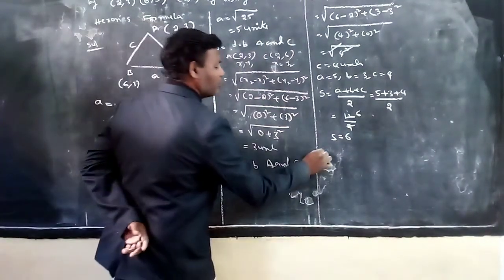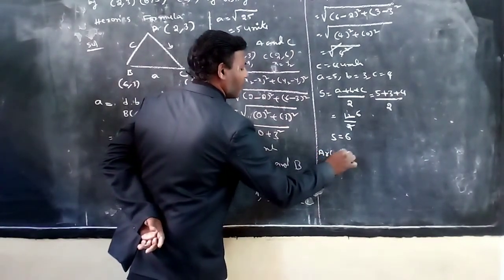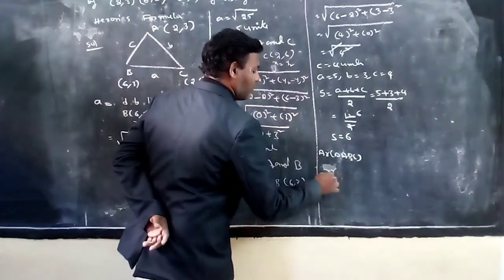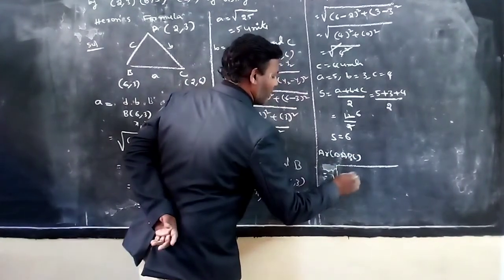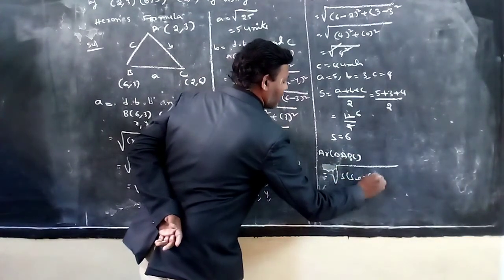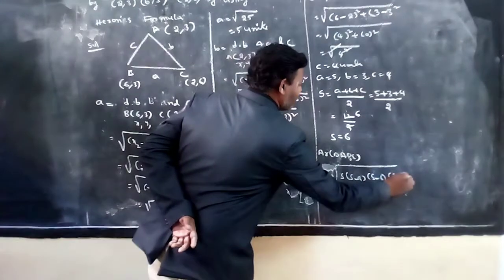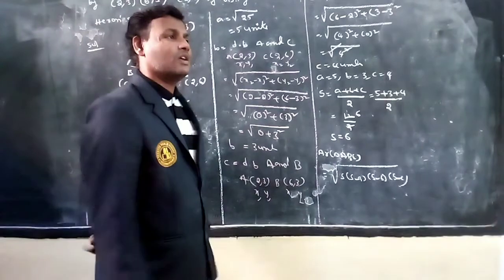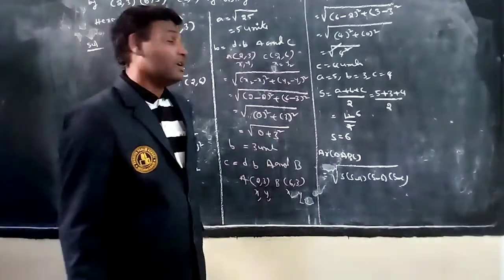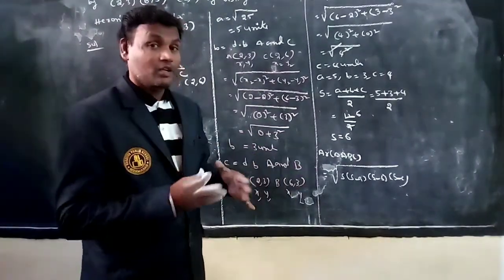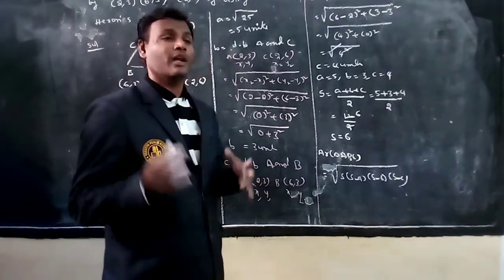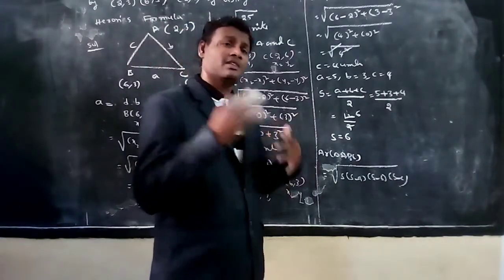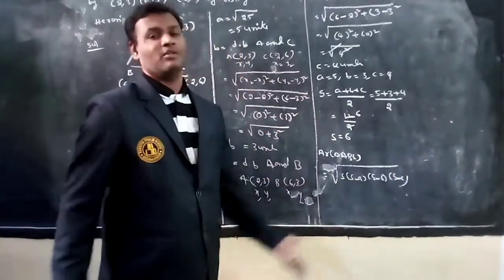So according to Heron's formula, the area of triangle ABC is the square root of s into s minus a into s minus b into s minus c. Now apply the values.